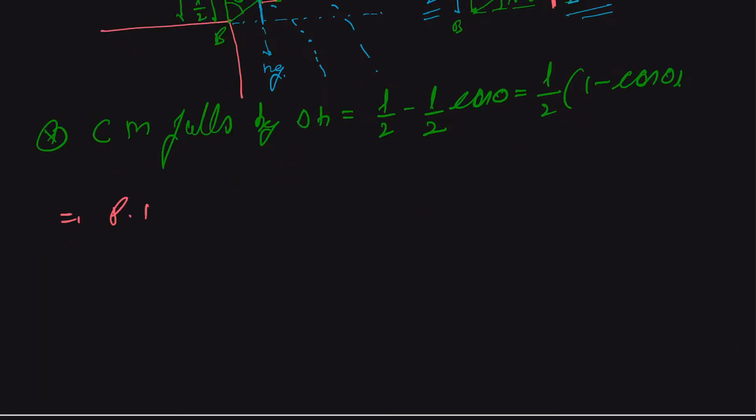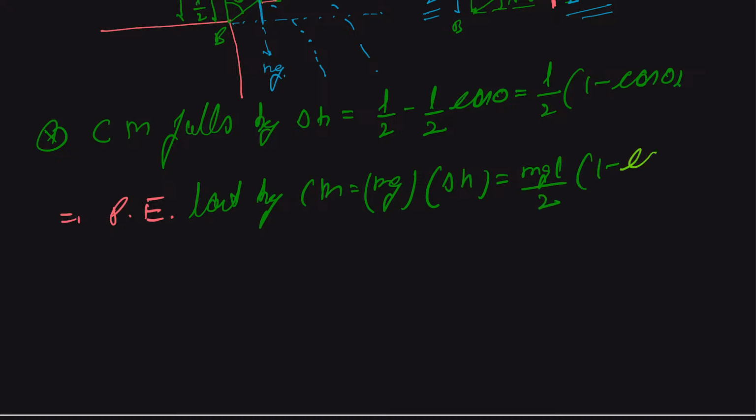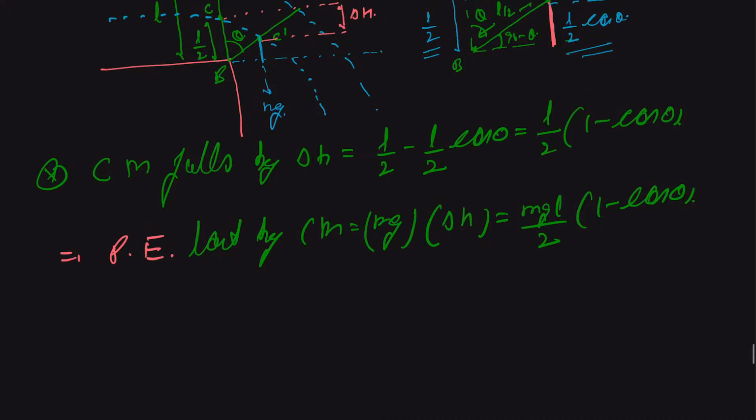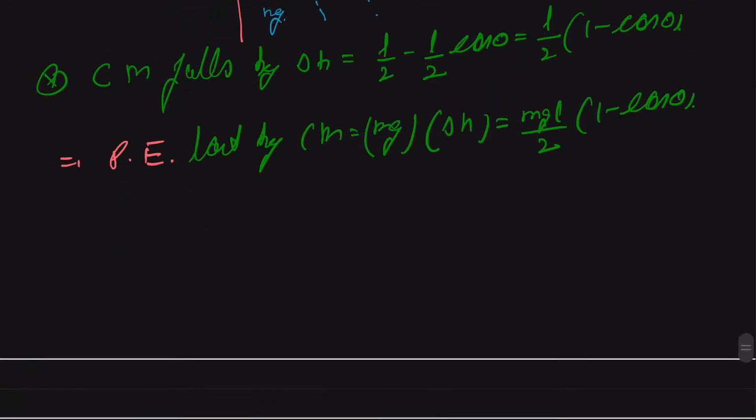We can say the potential energy lost by the center of mass is equal to mg times delta h, and that will give us mgL by 2 times (1 minus cos of theta), because we are going to use conservation of energy, that is, potential energy lost by the center of mass is equal to kinetic energy of rotation about the pivot point, and the pivot point is our B. Okay.